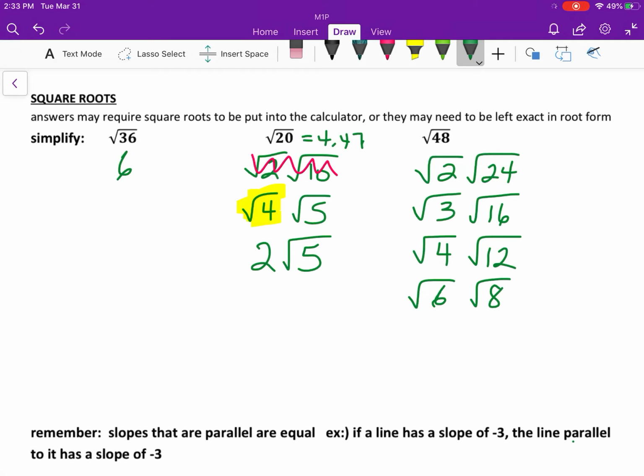So now, get rid of the ones that aren't perfect squares at all. While 2 and 24 are not perfect roots, 6 and 8 are not perfect roots, meaning I can't root one of them and get a nice plain number. But I can with the 3 and 16 and the 4 and the 12. So both of those could work.